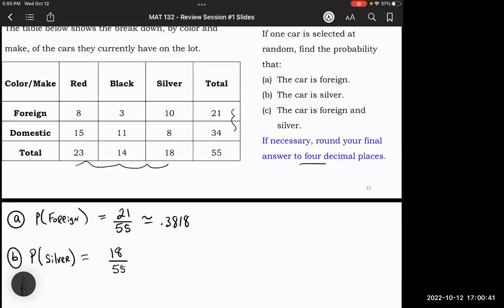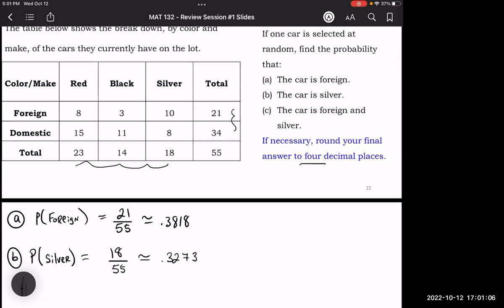So you do 18 over 55, which is approximately 0.3227. What came after the 2? A 7? Yeah, because the 7 tells the 2 to go up.